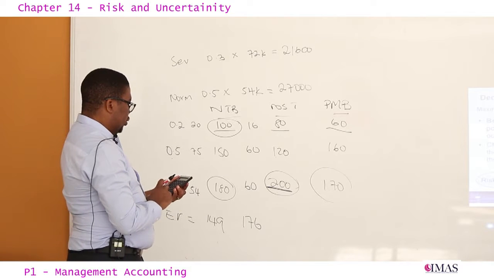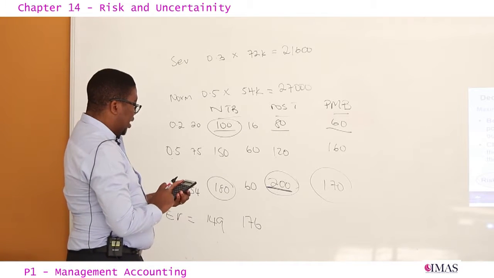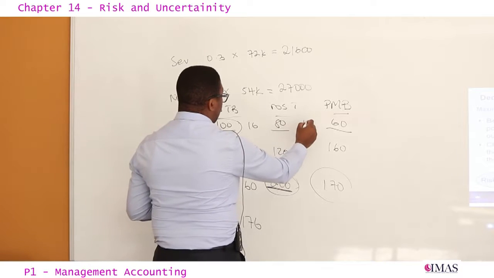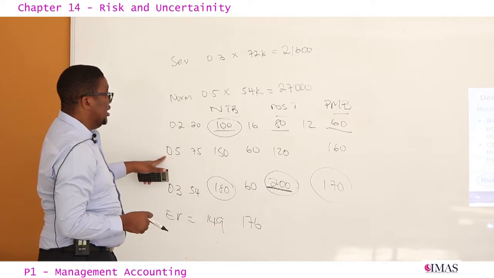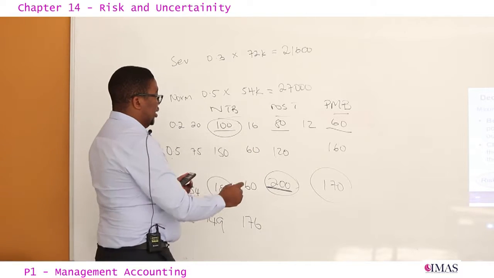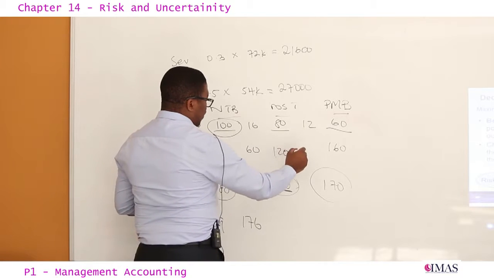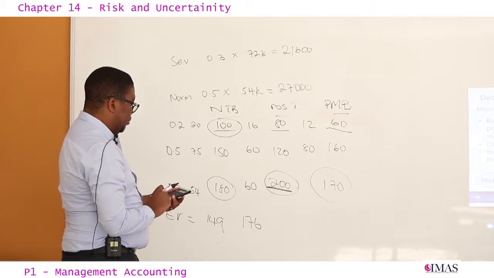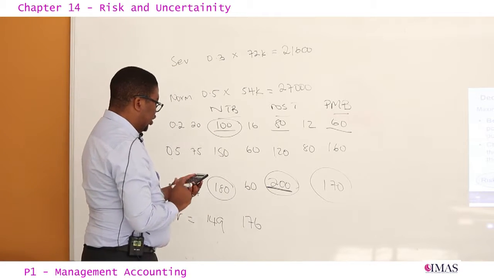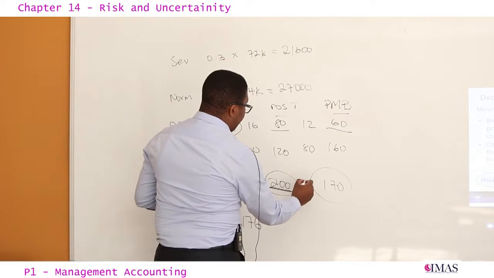Now we calculate Pietermaritzburg. We're saying there's a 20% probability that we may have 60 students. That's going to give us 12. Then there's a 50% probability that we're going to have 160 students. That's going to give us 80. And then there's a 30% probability that we'll have 170 students. That will give us 51.